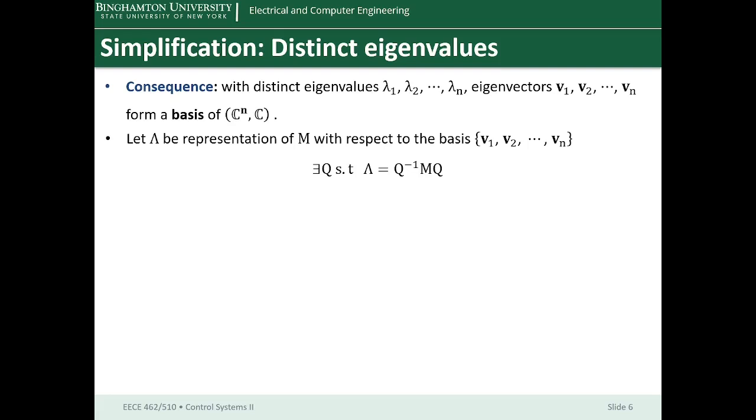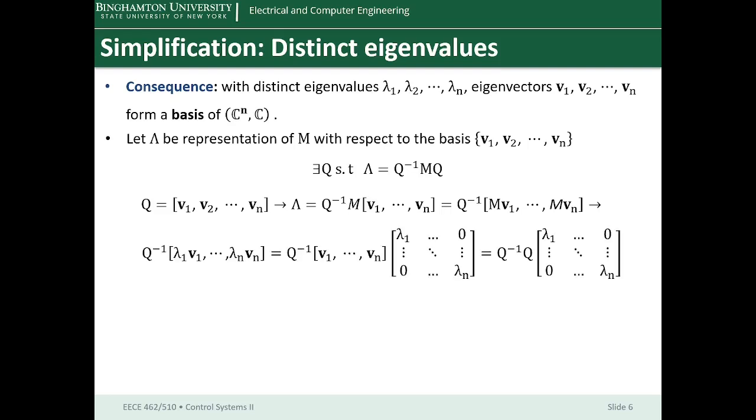We know that Q is defined by the coordinate representation of the new basis with respect to the old one. That means we can construct Q by placing each eigenvector of M as a column in Q. Now, when we multiply M by Q, the result is a matrix whose columns are simply M times v1, M times v2, and so on.